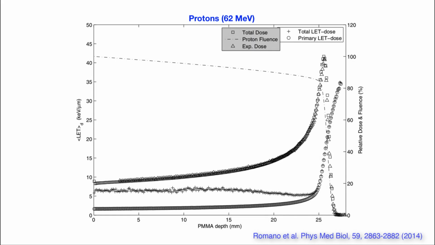So to understand this, let me walk through some data. This is a simulation and measurements of a proton beam at 62 MeV. It's sort of a strange energy, but this was a lab system that these particular authors were looking at. But there are many such studies, so this is just for illustration. So first, let's look at this curve.